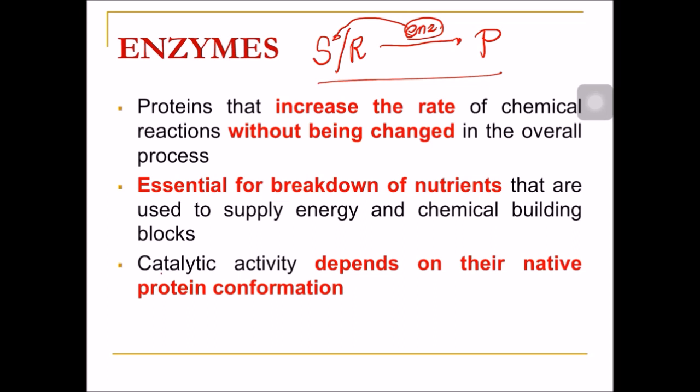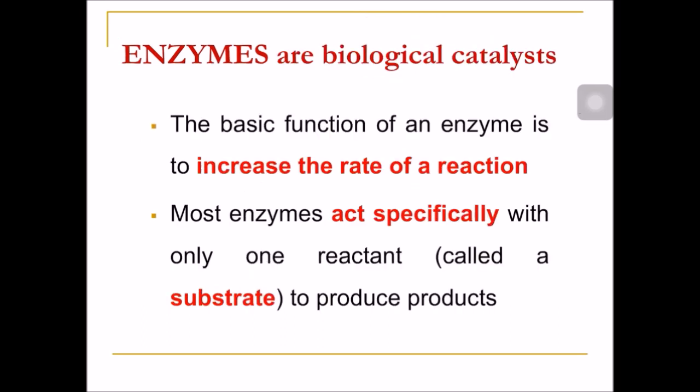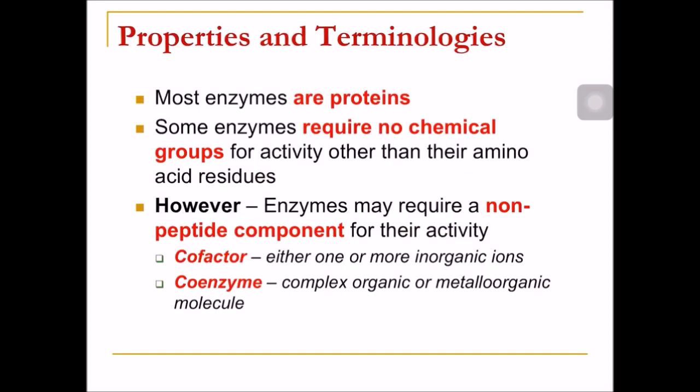And take note that the catalytic activity of enzymes depends on their native conformation. This tells us that the activity of enzyme depends on the proper folding of the proteins, that is the primary, secondary, tertiary, and quaternary structures. And as we said, enzymes target the substrate for the substrate to be converted into products in a faster means.